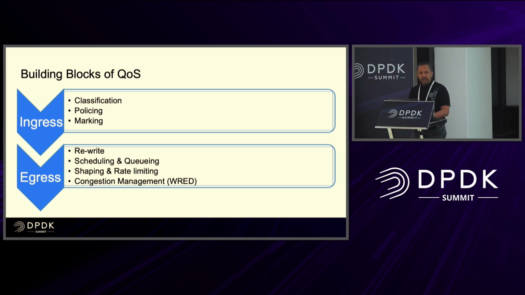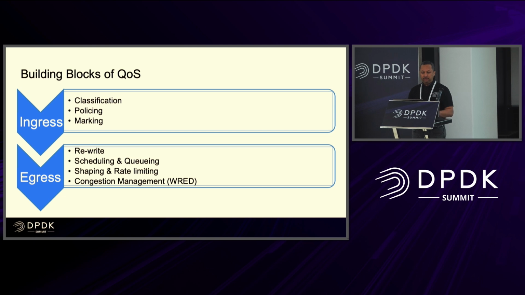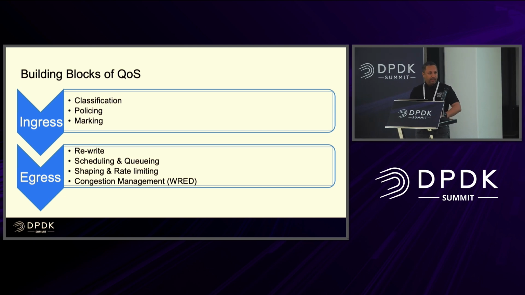So with the high-level architecture, we now have clarity on how the 5G high-level architecture works, so we will stick to the DPDK-specific things. This is a QoS pipeline. It is well known. We have classification, policing, and marking at the ingress level.